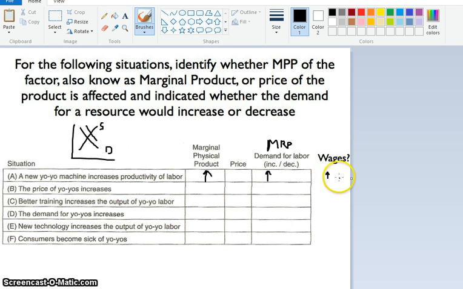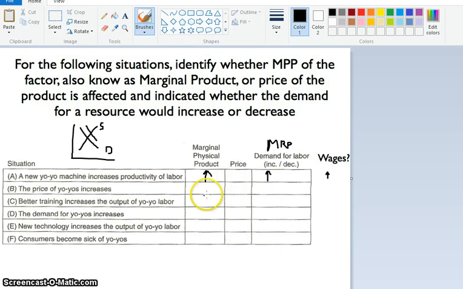Now if you really want to get crazy, this will have an effect back in your product market. Because now when we look at the market for yo-yos, it's more expensive to make them. So maybe as we go along here, the supply curve for yo-yos would shift to the left, which would drop the price of the yo-yos, which would then have another impact here. Oh, let's not get too carried away. All right? Let's not get too carried away.